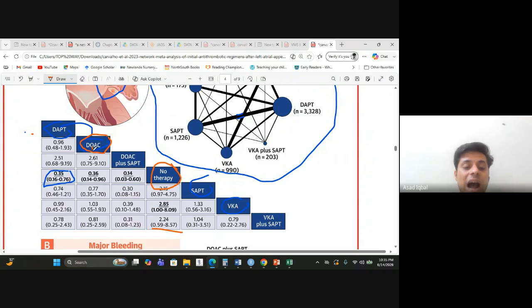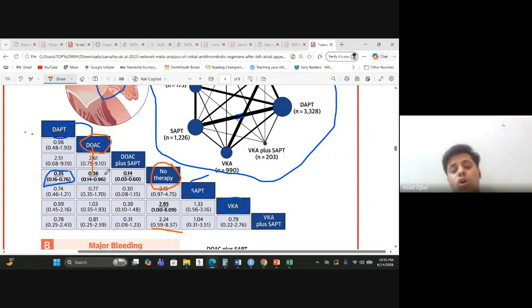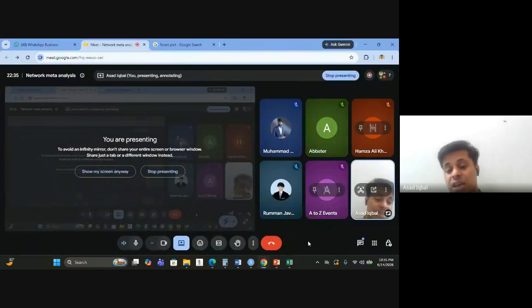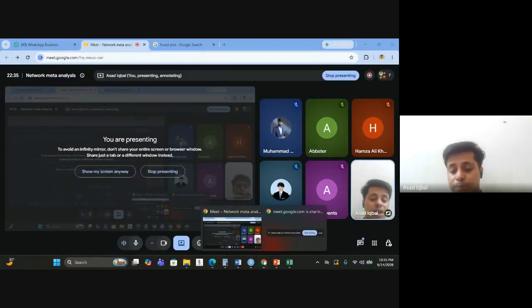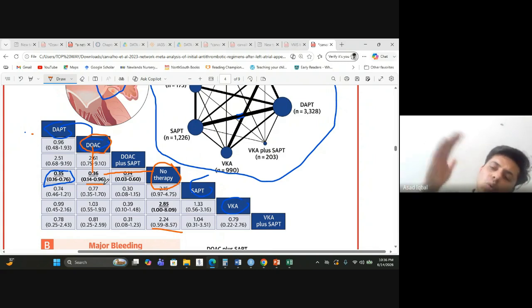What I will do is go from the column to the row of the thing I want to compare. So it's 0.36. Now my second question for you people is, when you look at what you are comparing, is this comparison statistically significant or not? If you look at the confidence interval, it's purely under one, right?